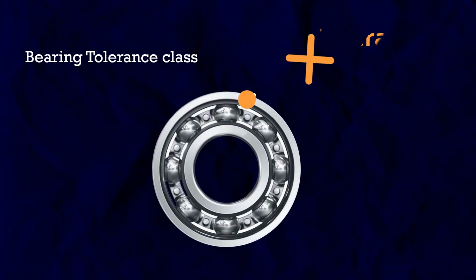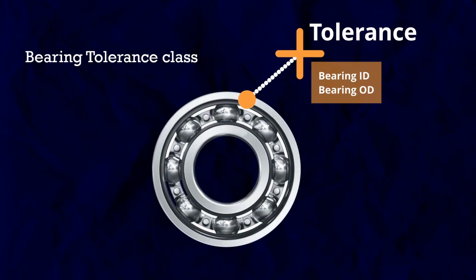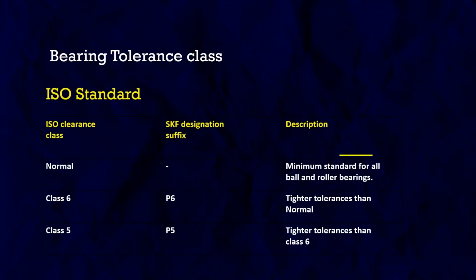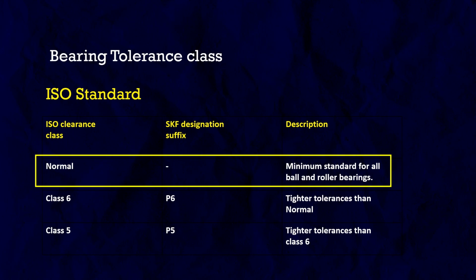But what about the external tolerance, the tolerance of our bearing ID or bearing OD, which is necessary to know for proper bearing mounting, like selecting the right fit, tolerance or GD&T of our bearing seat or bearing housing. So there are standard ISO tolerance classes. Normal tolerance class, this is the minimum tolerance class for any bearing.